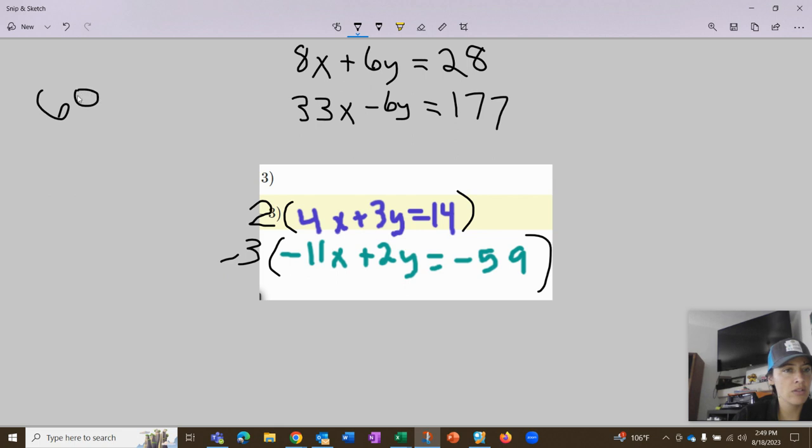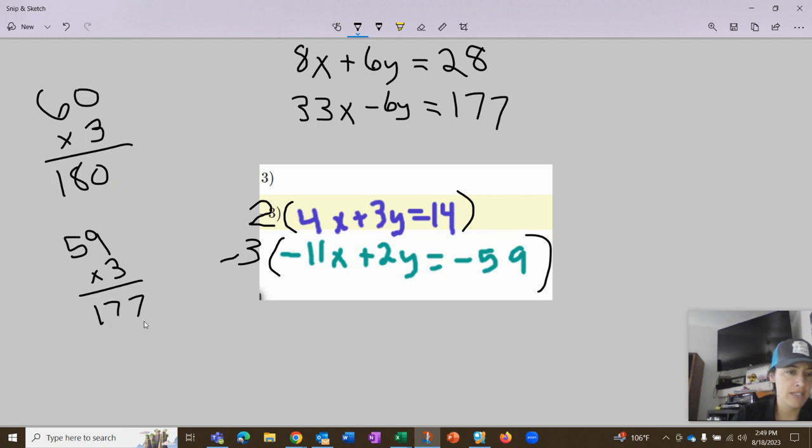Just again, it's very important to play with these ideas and be comfortable playing with numbers. That'll be 180. Therefore, if you multiply 3 times 59, well, 59 is 1 less than 60, so it would be 177.